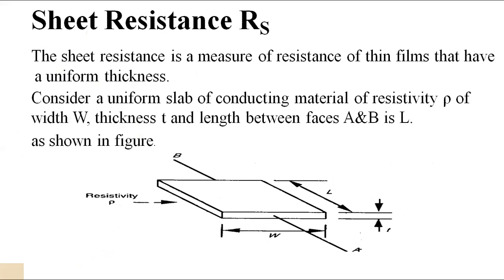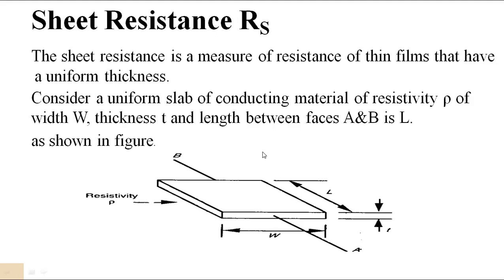Okay, first we'll go for the sheet resistance Rs. The sheet resistance is the measure of resistance of a thin film that has uniform thickness. We'll measure the resistance of a thin film of uniform thickness.